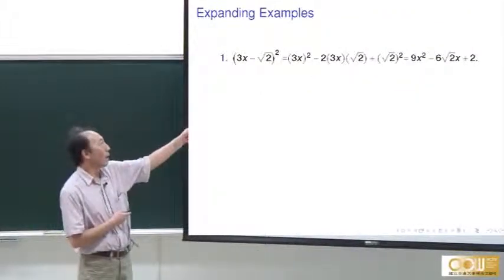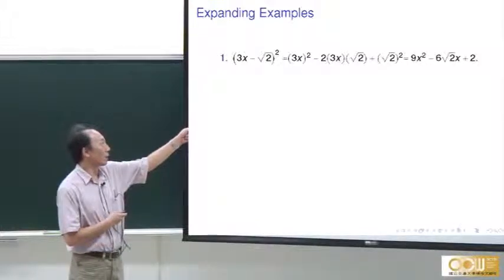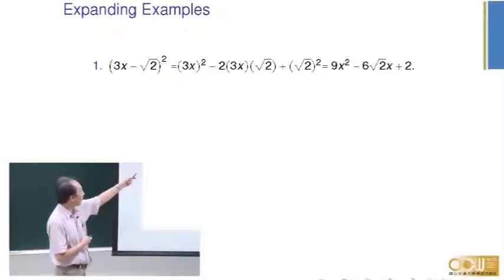First one is we try to apply the square of difference, the difference of two quantities. The first one is 3x, and the second quantity is the square root of 2. And we apply the square of difference formula to get that.